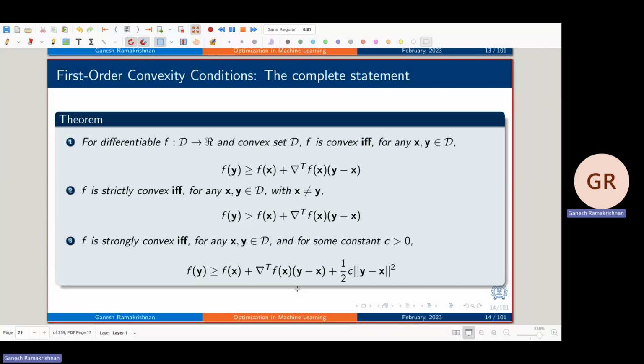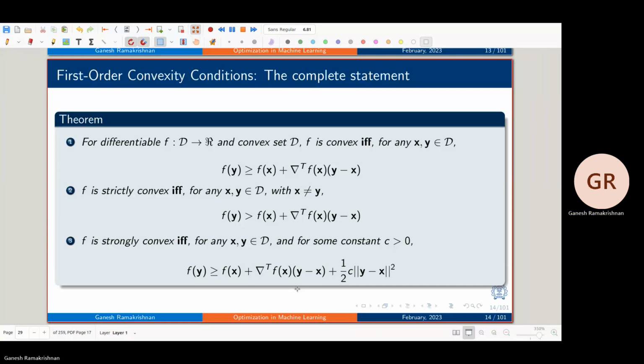Will lie on the upper half space of this gradient based supporting hyperplane at x comma f(x). Sometimes it helps to write in plain English what these inequalities are depicting.